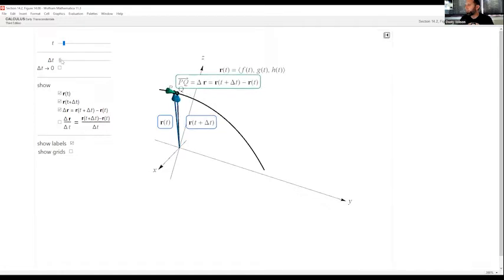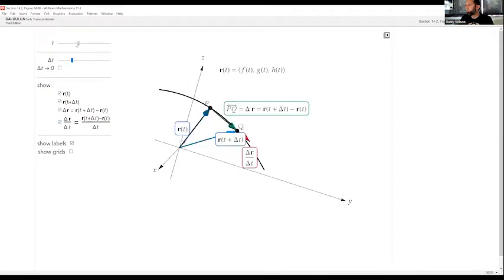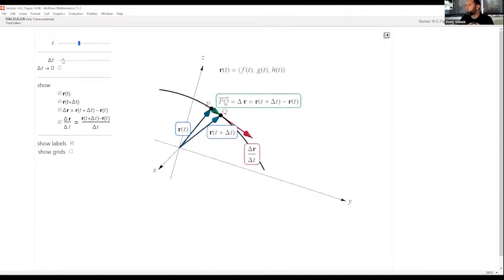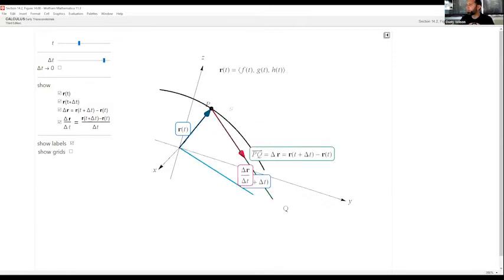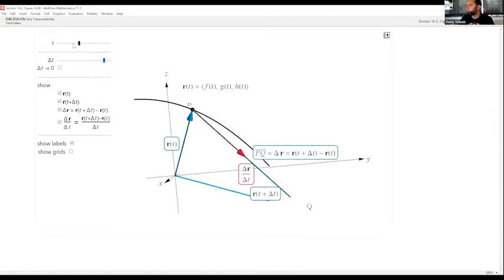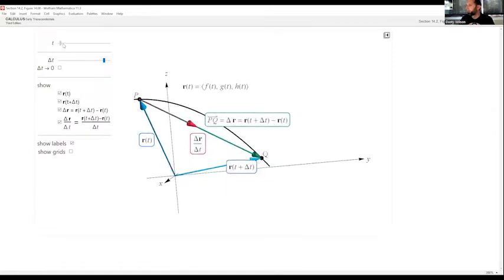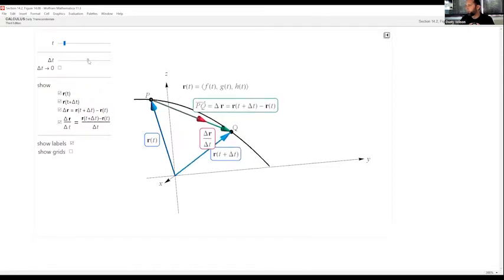And if we divided by the h, or divided by the delta t, then that secant vector, a secant vector that's back here, will approach, notice, far away. Let's see if I can change my direction.